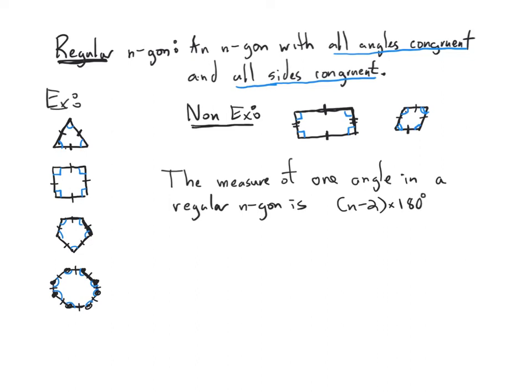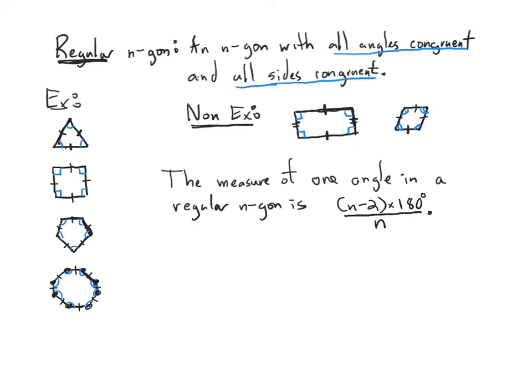And we have to divide that angle sum into equal parts. How many equal parts? N equal parts. If we have an 8-gon, an octagon, there are 8 angles that have the same measure. So we need to divide that 6 times 180 into 8 equal parts. So we need to divide, in this case, by n. So there's our formula for the measure of one angle in a regular N-Gon.